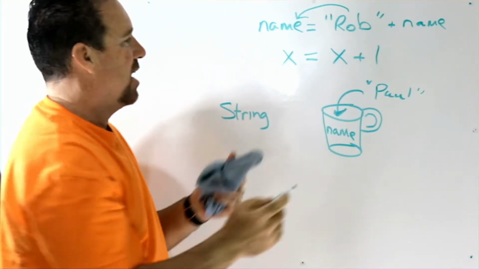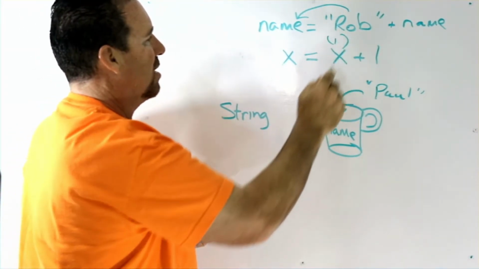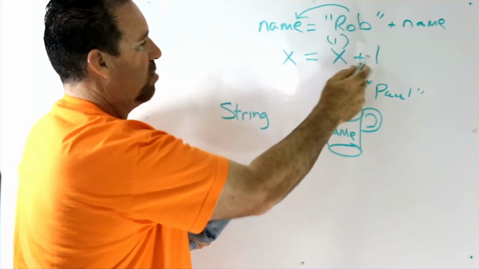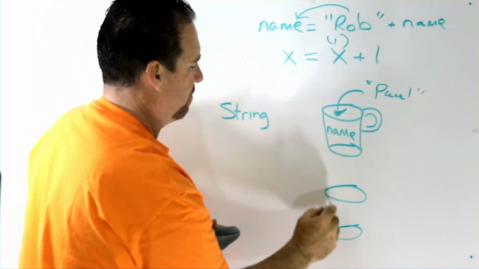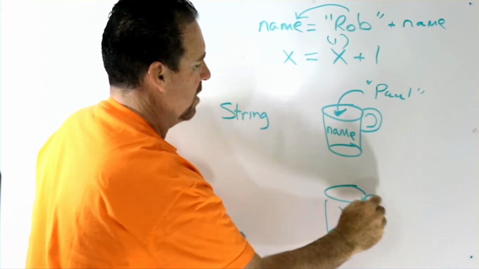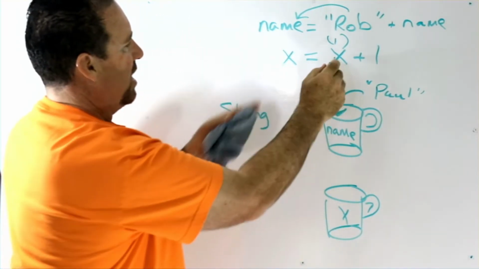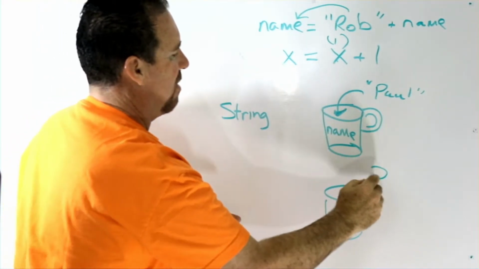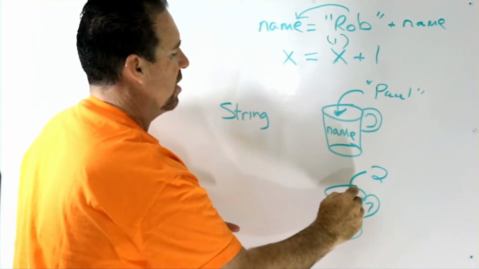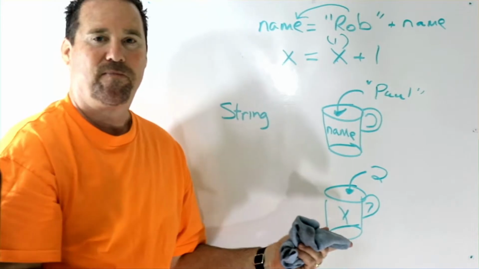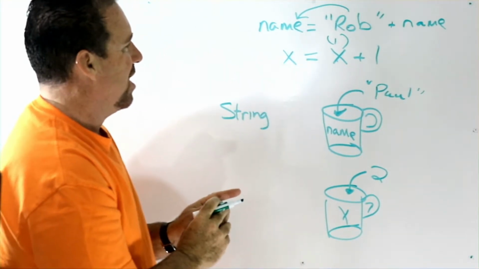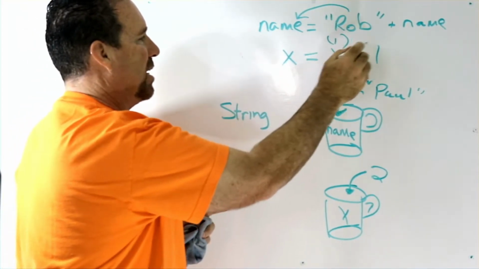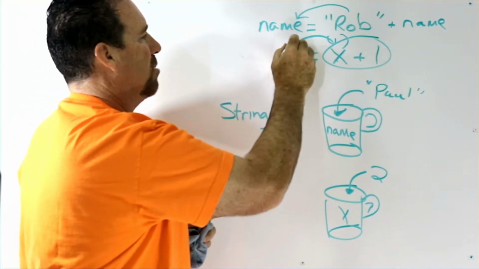But if x was really 1, it just adds 1 plus 1 to x. And so your cup looks like this. It's taking 1 plus 1, and it's now putting 2 in that variable. Don't do this in your math class. Your teacher will get very upset with you.